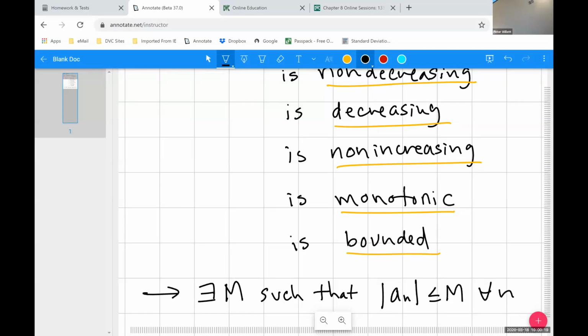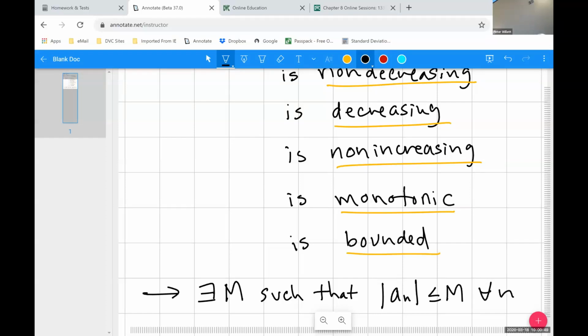be looking at a sequence, and again, this is the big picture for what we're trying to do throughout chapter 8 and chapter 9, that we're trying to determine whether sequences converge or diverge. Meaning, and I'm sorry, ultimately these will be for series, not for sequences. But we're trying to figure out if there's a limiting value or if there's not a limiting value.